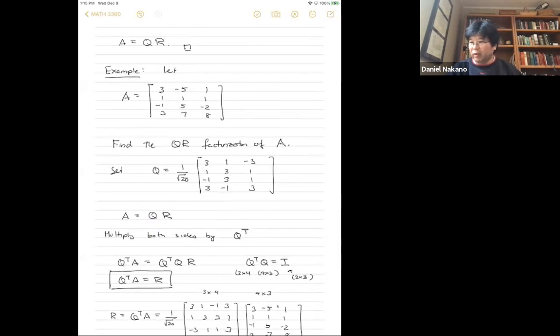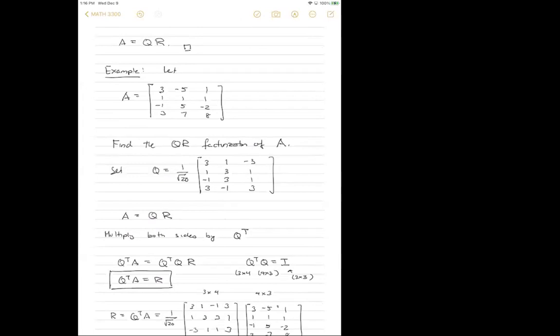That's what we did over here. But you also have to normalize too. So you want to apply Gram-Schmidt to the columns of A, and then divide by the length. So this part here, let me write it in a different color.